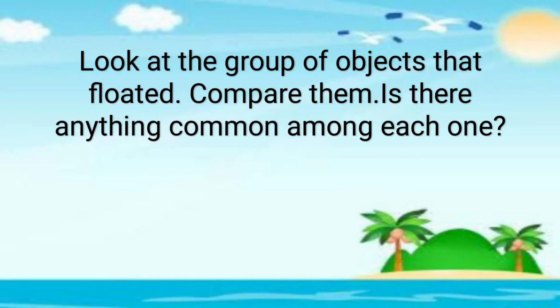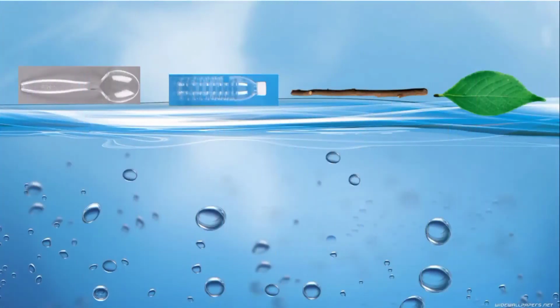Look also at the group of objects that floated. Compare them. Is there anything common among each one? The plastic spoon, the empty plastic bottle, the stick, and the leaf are commonly light in weight.